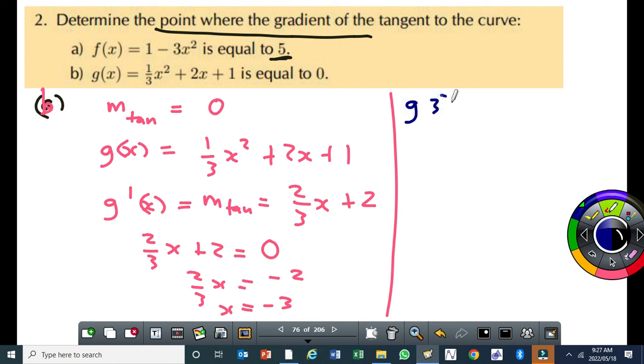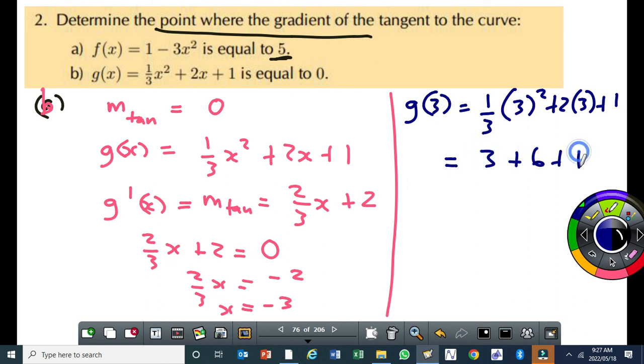So g of negative 3 will be equal to a third times negative 3 squared plus 2 times negative 3 plus 1. So that will give me 3 plus negative 6 plus 1. Oh, negative 3.